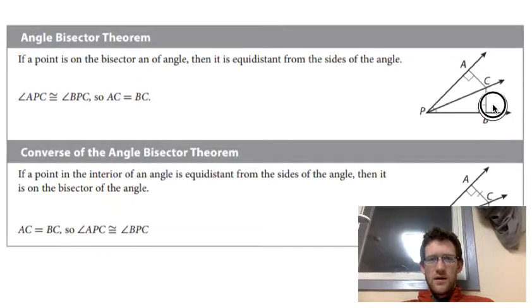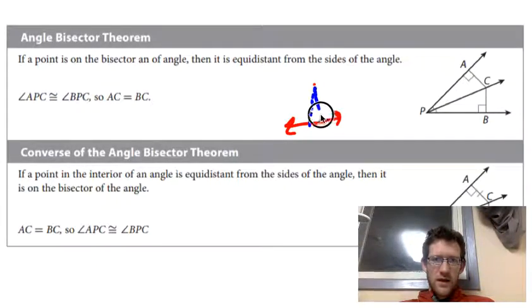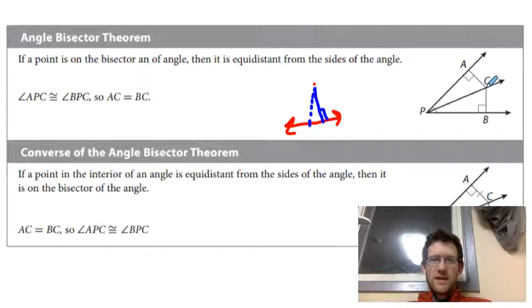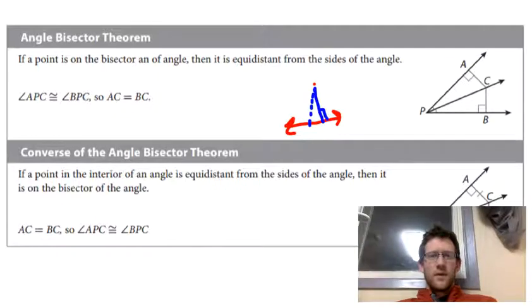And recall that when we get the distance from a point to a ray or a point to a line, we need to go perpendicular to it. So we can't get this point like that. We have to be perfectly perpendicular. That's why there are these 90-degree marks. To get the distance from A to C, we need to measure perpendicular.